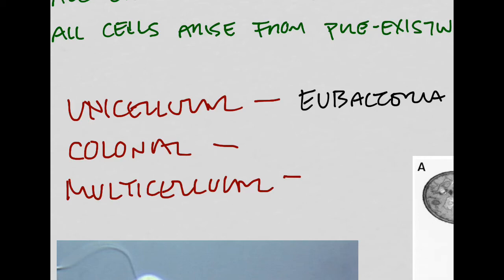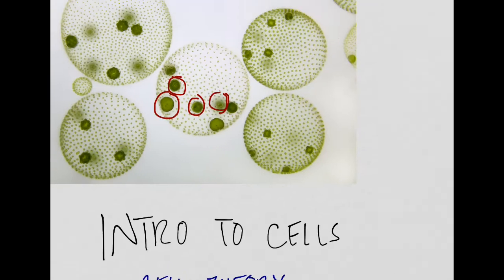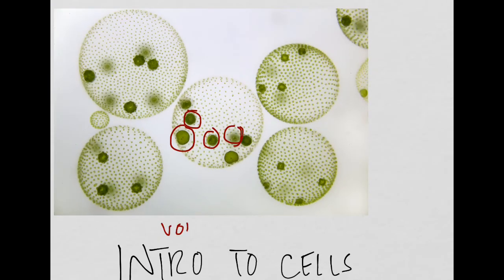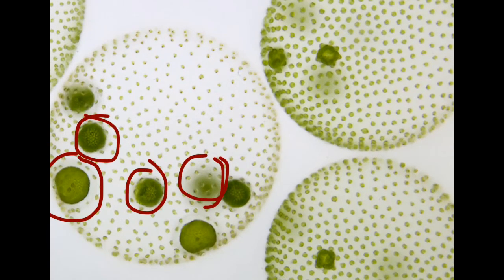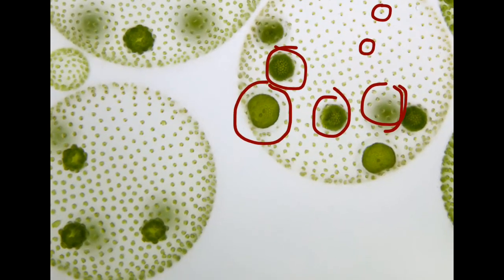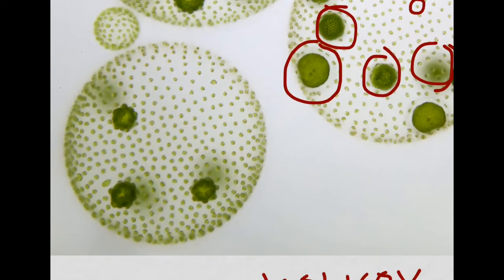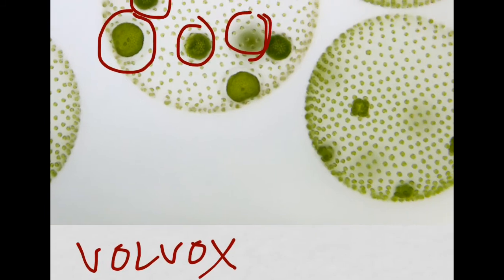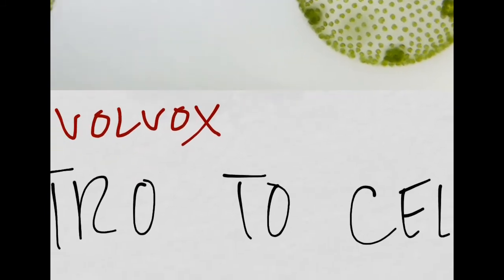Well, if you're like the Volvox, like these dudes up here, there's no difference between this cell right here and this one right here. It's a little hard to see what's going on here. What you're actually seeing there is the nucleus of the cell, and it's really hard to discern, but there's actually a cell membrane that surrounds these things and makes each individual cell distinct from one another. Okay?